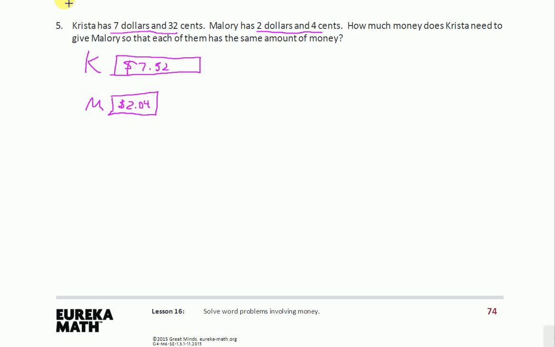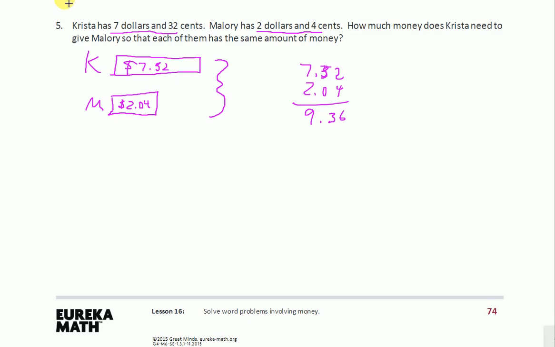So what you need to really do, first of all, is figure out how much money they have all together, so that these two end up becoming equal. So let's first add those together. We're going to add $7 and 32 cents, and then $2.04. So that's going to be $9.36. That's how much money they have all together.